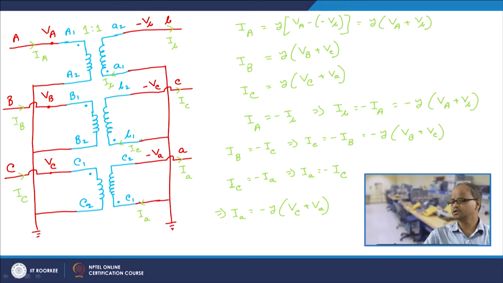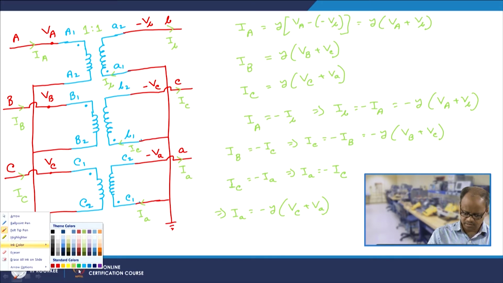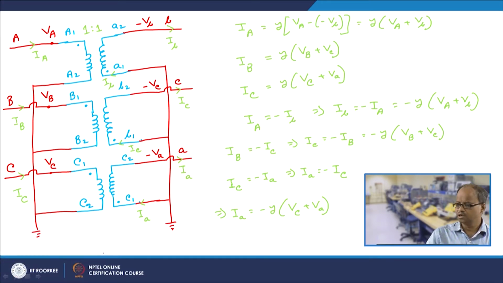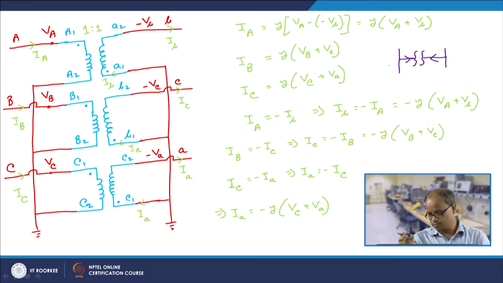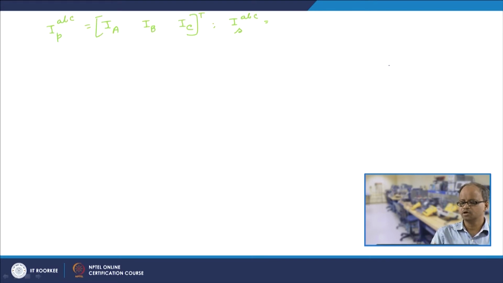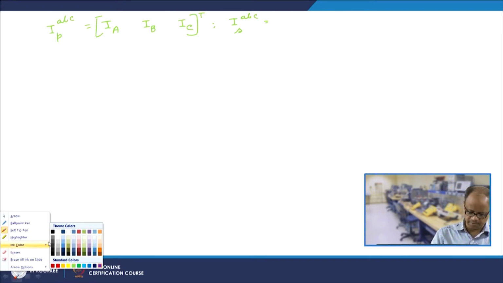But we again have to recollect our convention: if I have a transformer between two buses, then these two currents would always be entering the transformer from both sides. So Is ABC would be minus Ia, minus Ib and minus Ic.